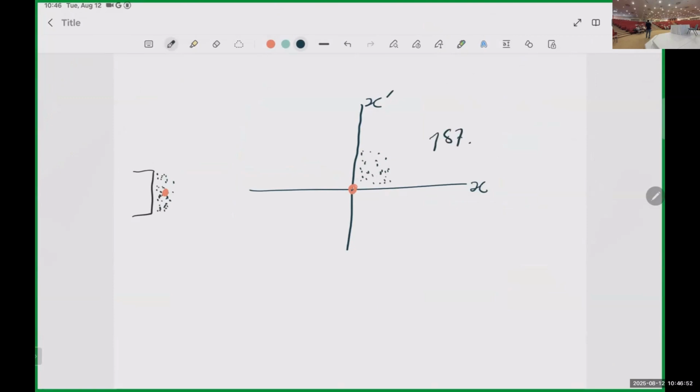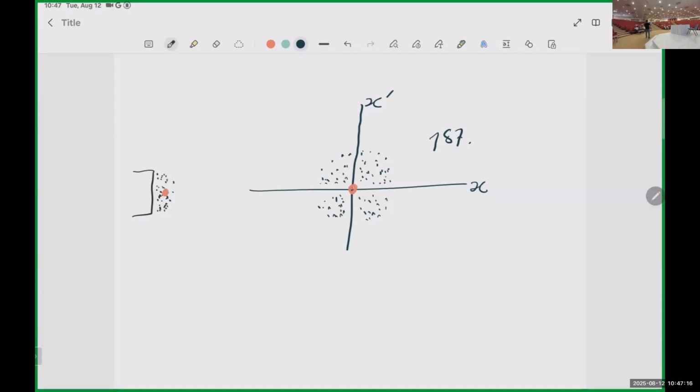The particles which are slower but ahead maybe end up here. The particles which are slower and behind will be here. And what about these particles? They are behind, but they are moving faster.